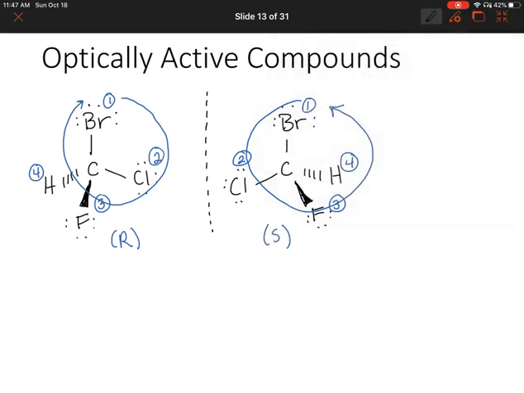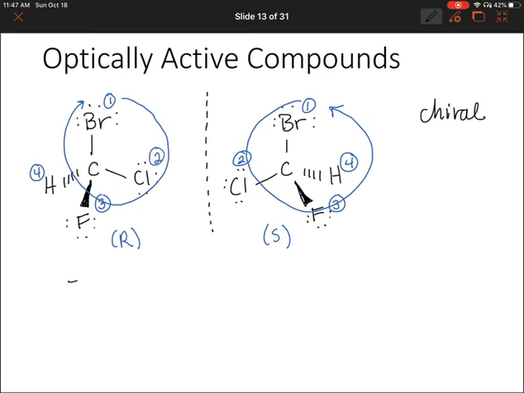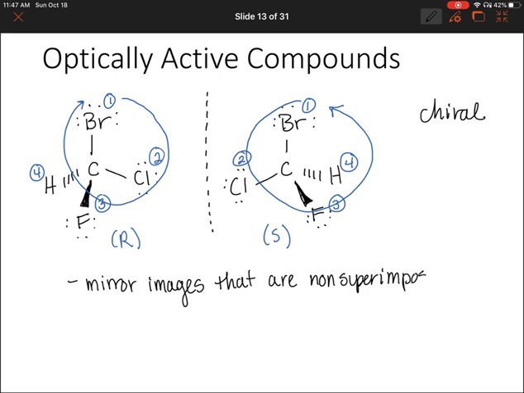Okay, so previously we said that if mirror images are non-superimposable on each other, they are chiral. Another term for mirror images that are non-superimposable is enantiomers.